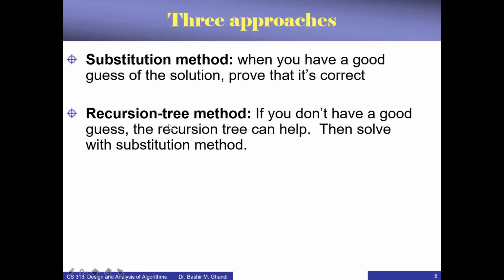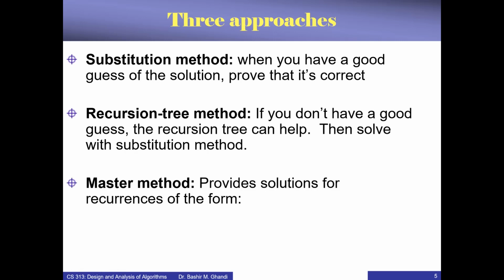After you get the result from the recurrence tree, you still have to prove it using substitution. So in other words, this recursive tree method can usually be used to find a possible solution. Instead of guessing, you can use the recursive tree to find the solution, and then later on you use the substitution method to actually prove it mathematically.